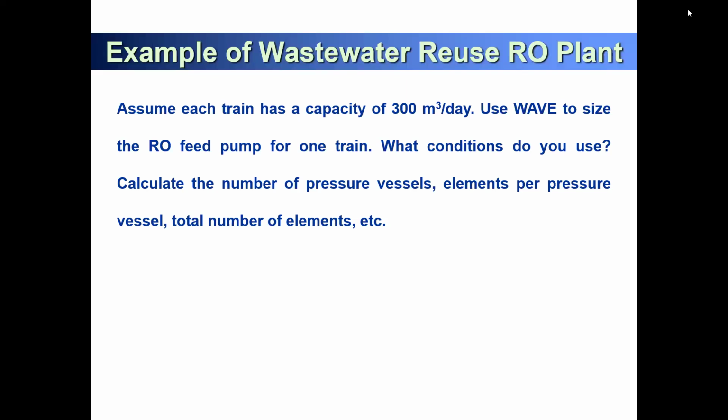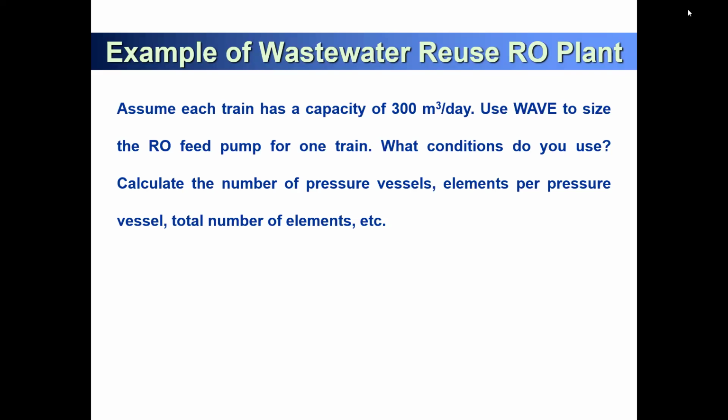Assume that each train has a capacity of 300 cubic meters per day. We design 300, but this can be multiplied to 2 trains, 3, 4, 10, 100, which will increase your overall capacity.